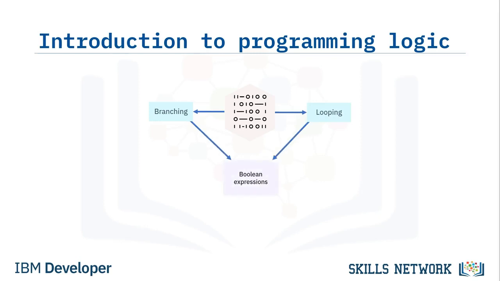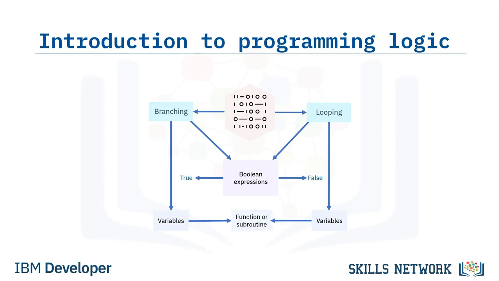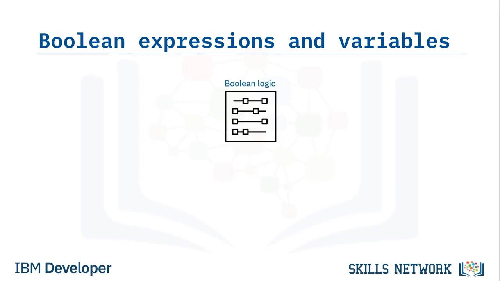A Boolean expression is a type of programming statement with only two values, either true or false, and variables have assigned values that are passed into a function or subroutine within a more extensive program. Computers use Boolean logic to make decisions. The computer takes one action if a Boolean expression is true and a different action if the expression is false.